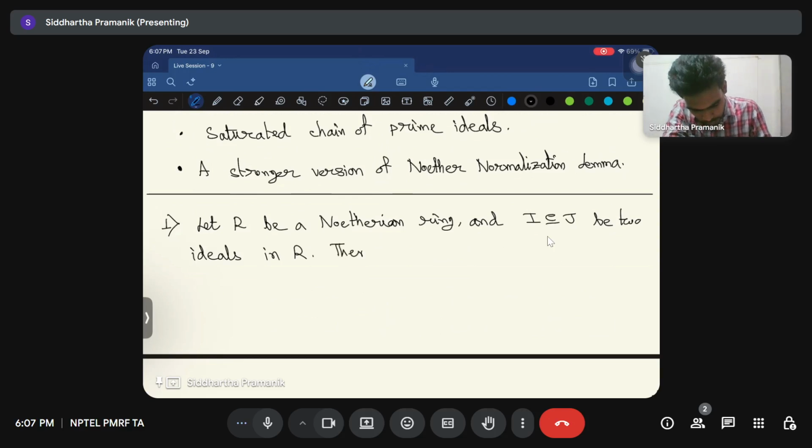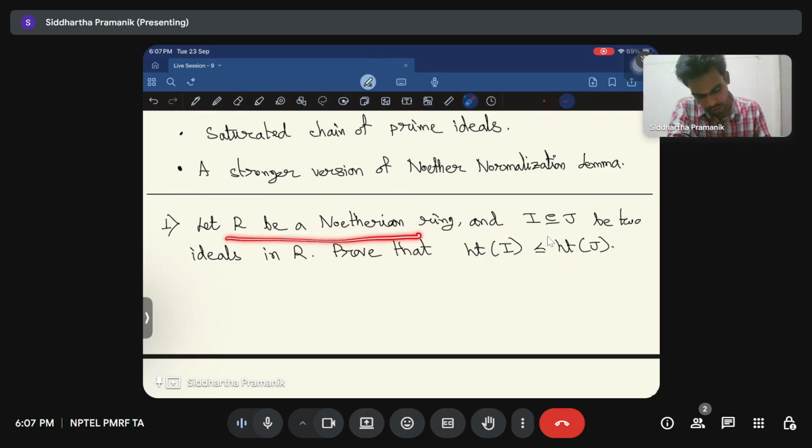Then the height of I is less than or equal to the height of J. Okay, prove that. So let R be a Noetherian ring.